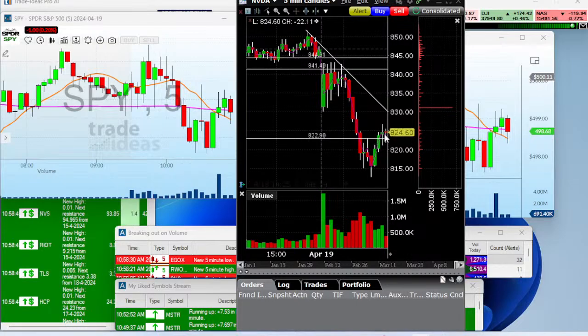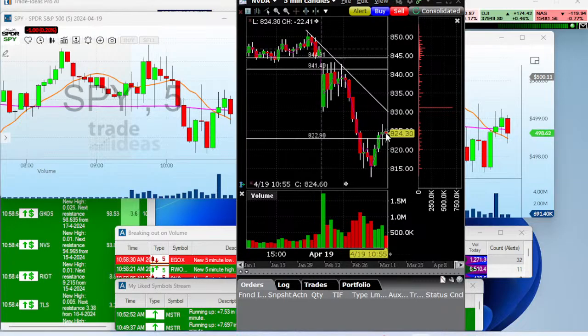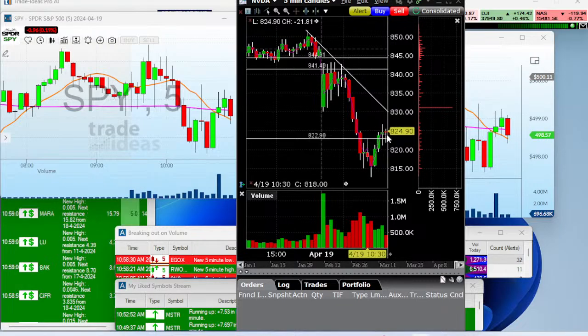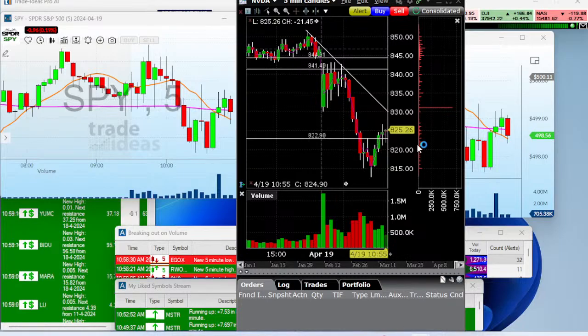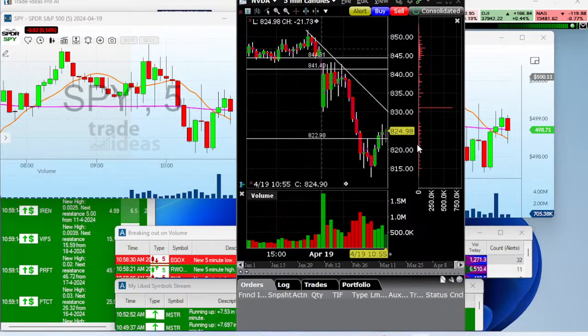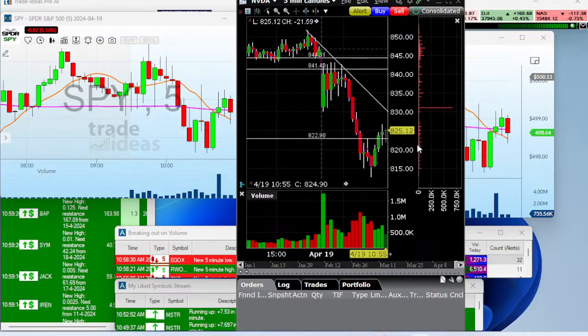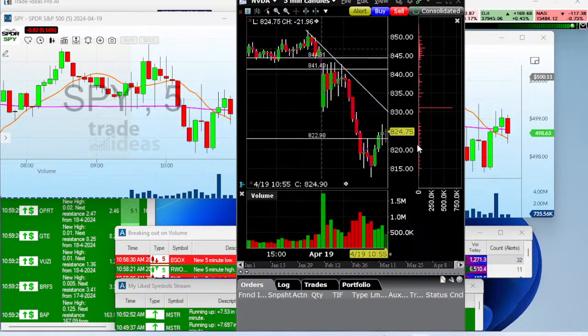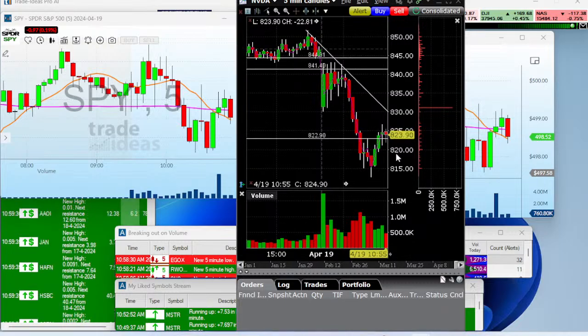So I would try again probably right now, at 524. I would try again with 3 or 4 contracts, and see if we can make the push up to 530. 823.